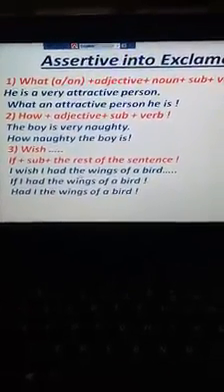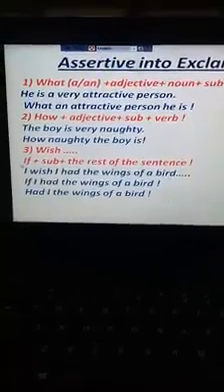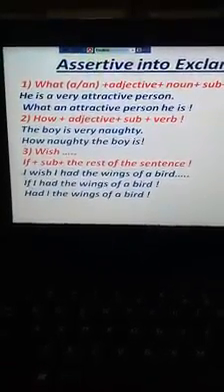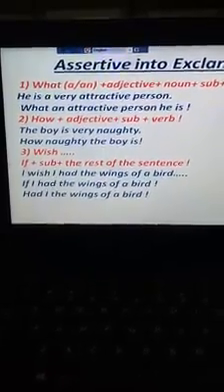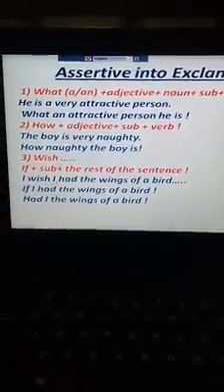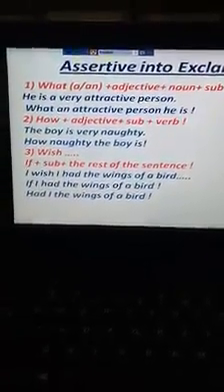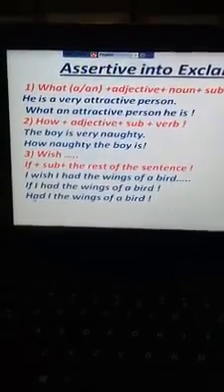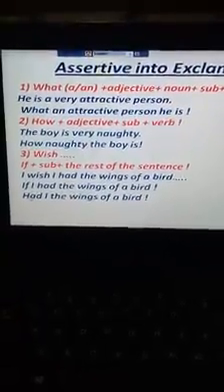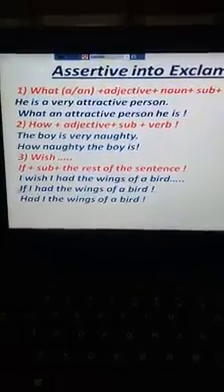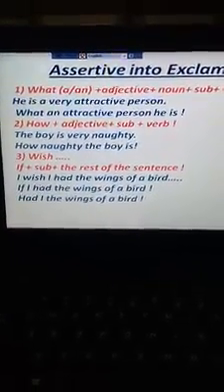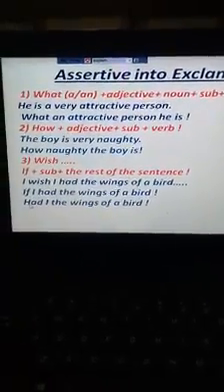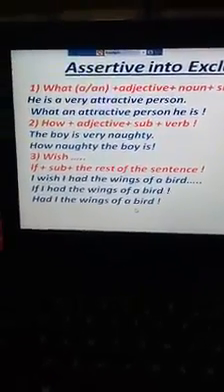I wish I had the wings of a bird. I have written if instead of I wish. If I had the wings of a bird. You can start the exclamatory sentence with had also. If you don't want to use if, then you can use had. This had comes first, that is, had I the wings of a bird.